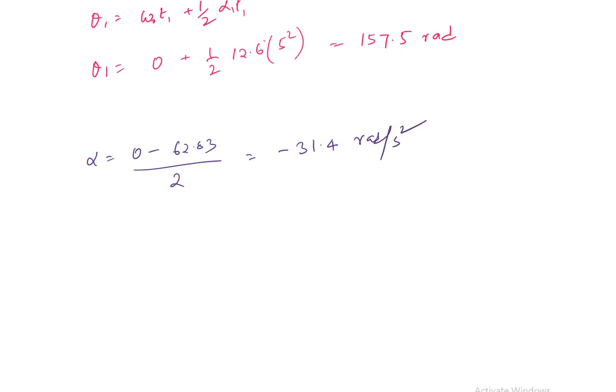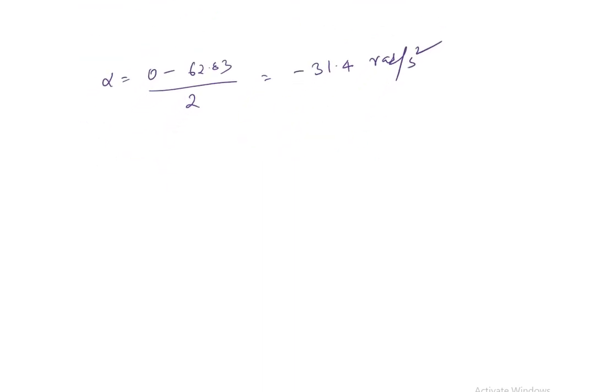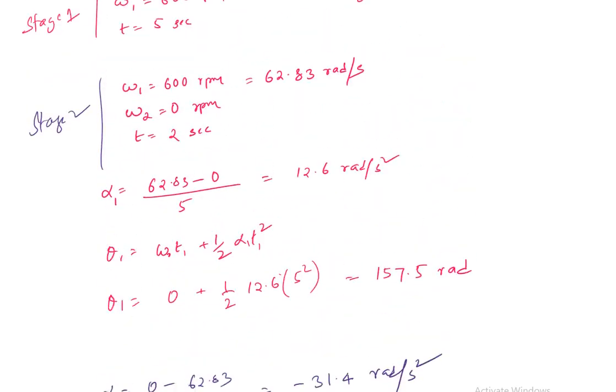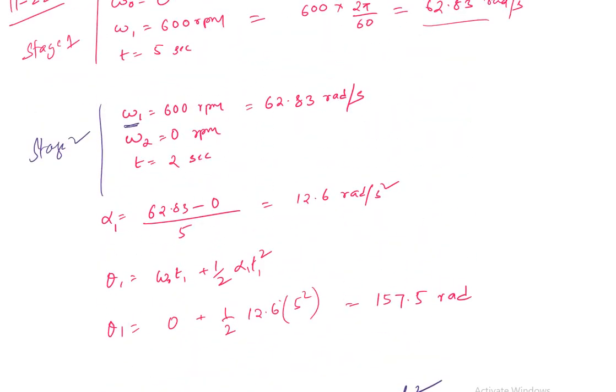Now, same thing, we take theta equals omega 1 t, the initial velocity, plus half alpha 2 t2 squared, so this is t2. Here the initial velocity we're calling omega 1, where before the final velocity was omega 1.